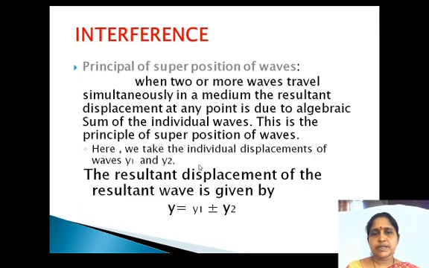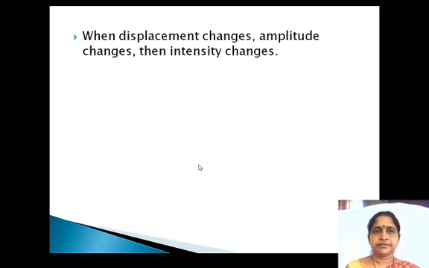The resultant displacement at that superposition point is y1 plus or minus y2. When two waves superimpose, the displacement changes as the algebraic sum of the individual displacements. That is the principle of superposition.